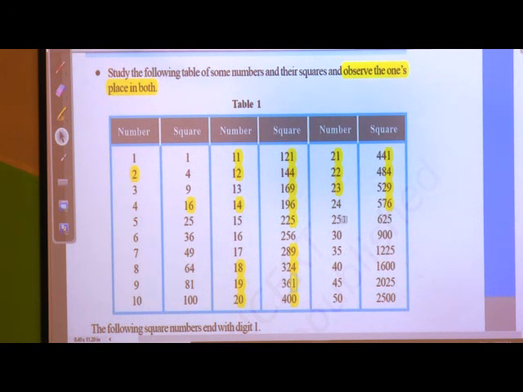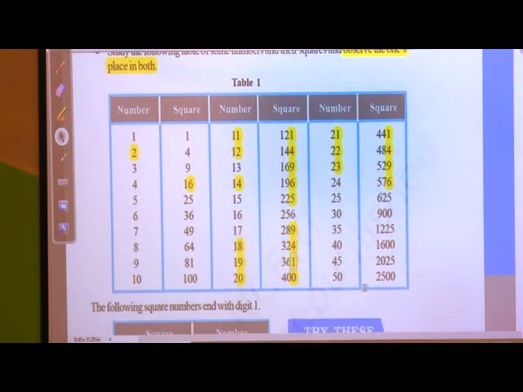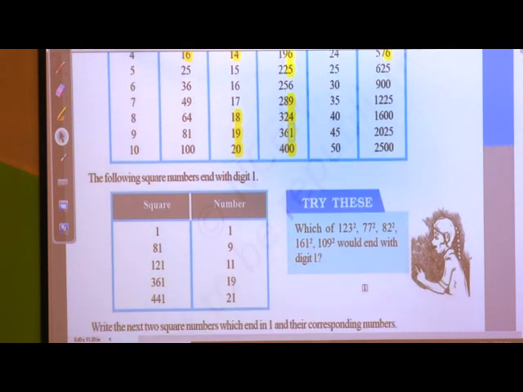If 5 is in ones place in the number, for 45 also, in the square, in ones place, you are getting 5. You can see this. So, in this way, we can understand that the following square numbers end with digit 1.